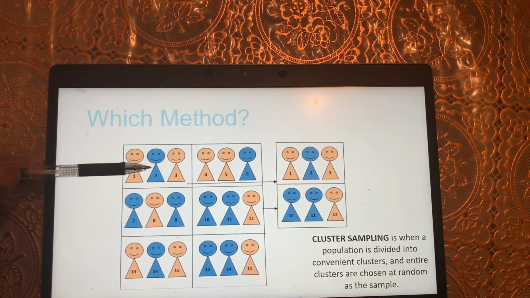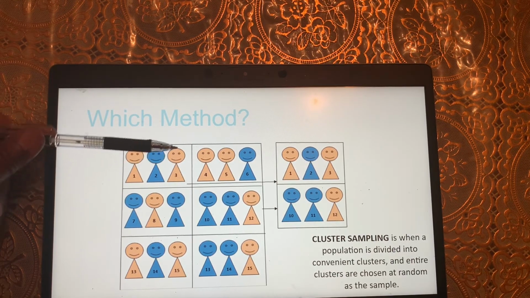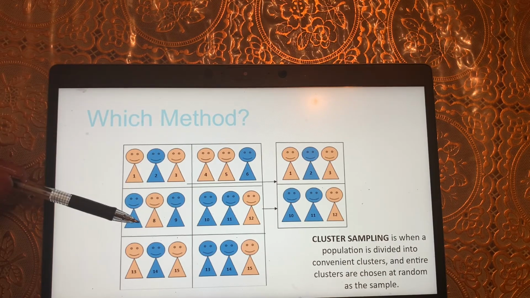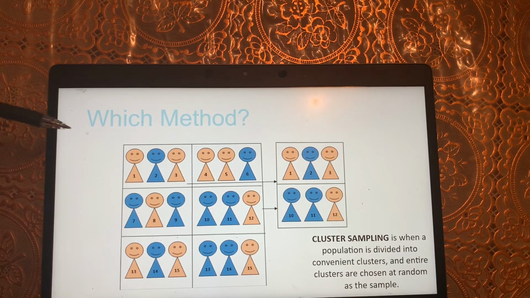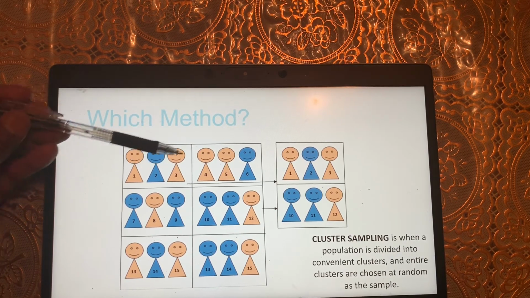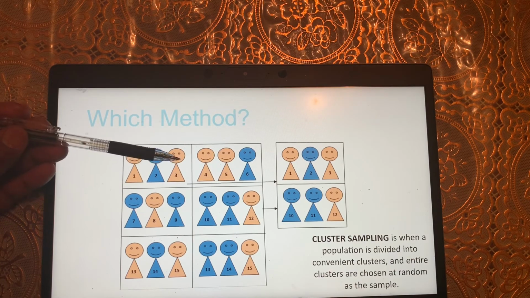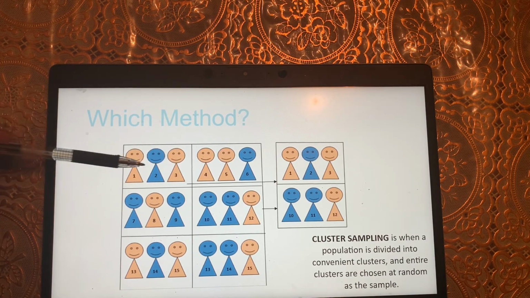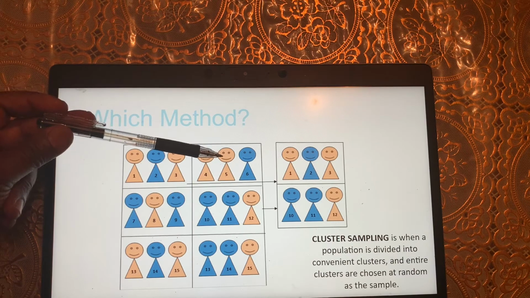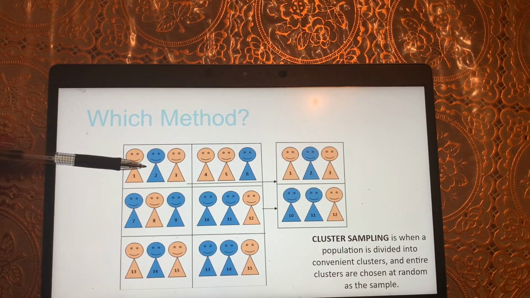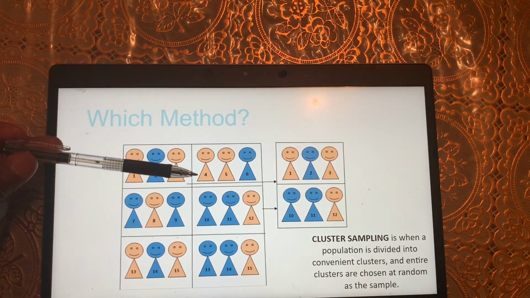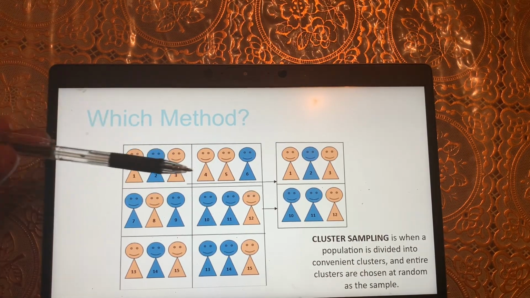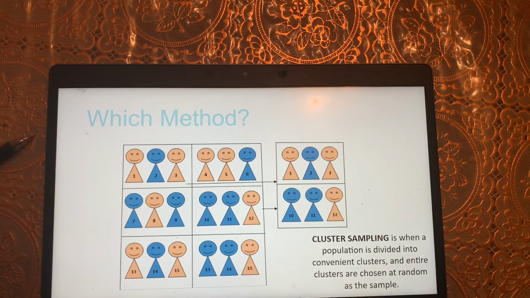Say it's convenient for me to group 1, 2, 3 together, 4, 5, 6 together, and 7, 8, 9, 10, 11, 12. Then I group them according to their convenience level, and I take one cluster at random. This is called cluster sampling.